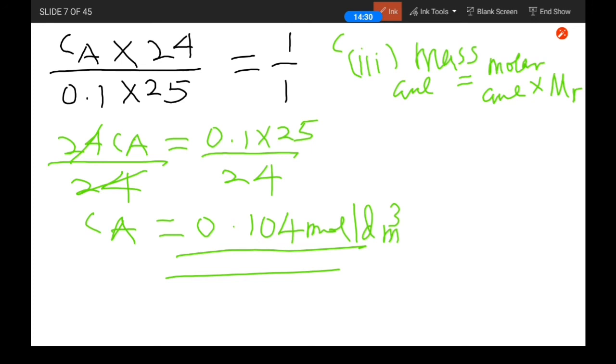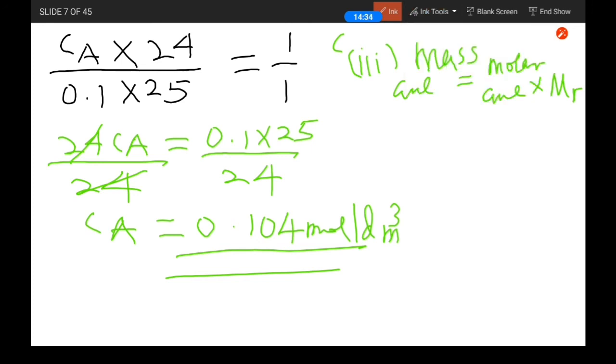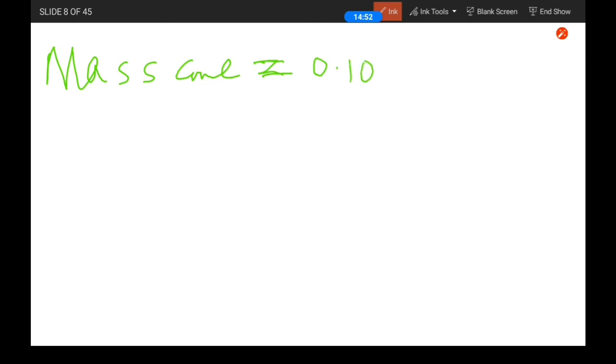Having known the molar conc already, our mass concentration will be the molar concentration that we calculated just now, 0.104, very good, times the molar mass of HNO3.